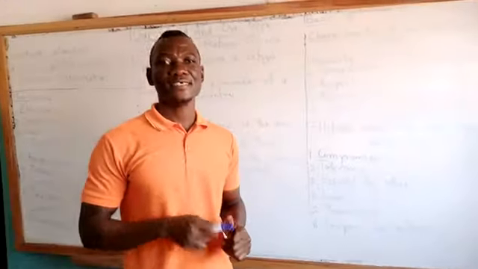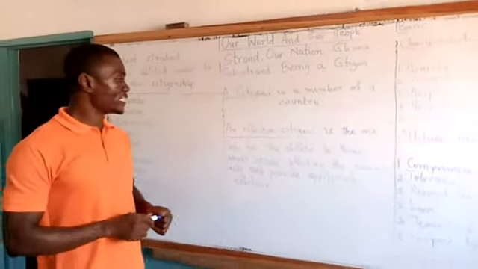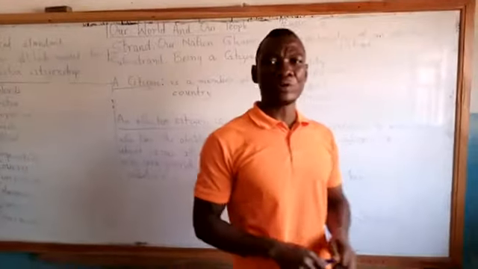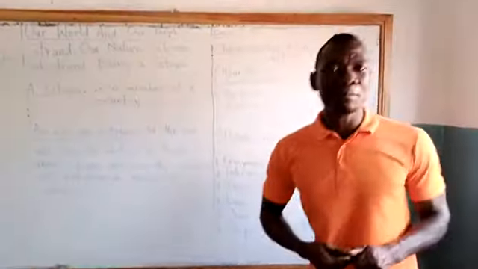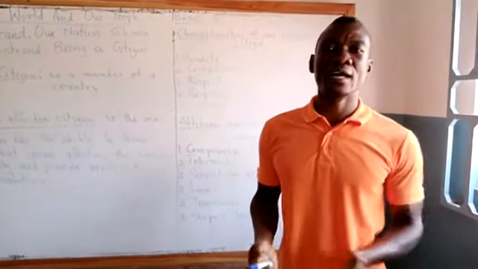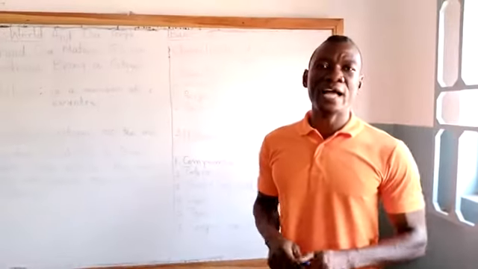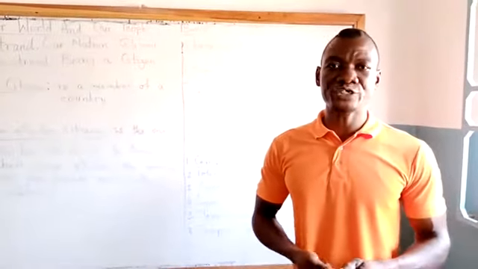Right? Good. Now, this brings us to the end of today's lesson. So we are going to quickly go through a summary of what we have learned. We've learned that we all belong to groups, and we are all members of one nation or the other. And being a member of a nation makes you a citizen of that nation.